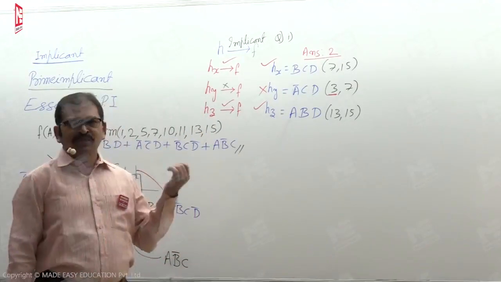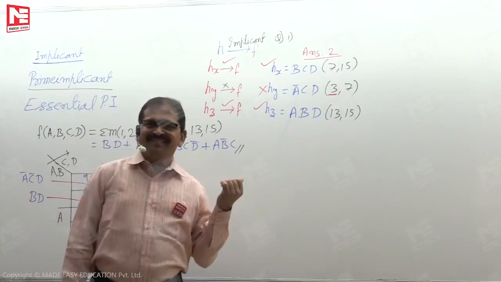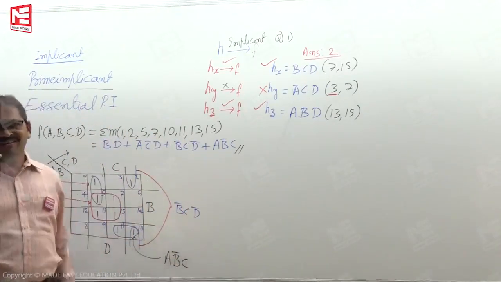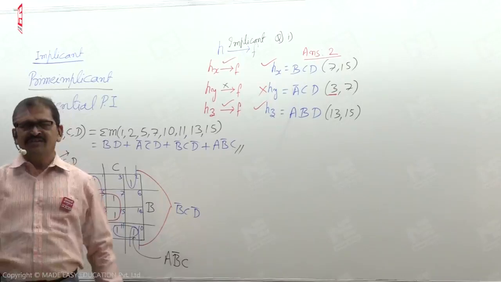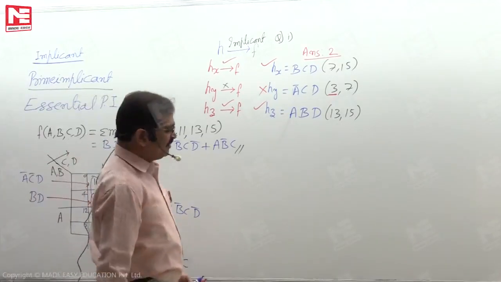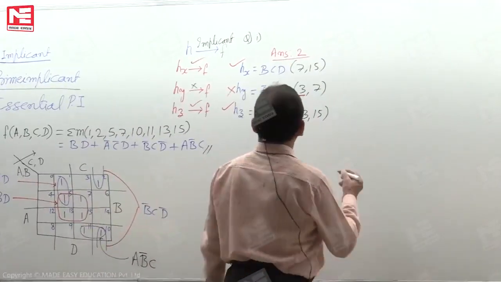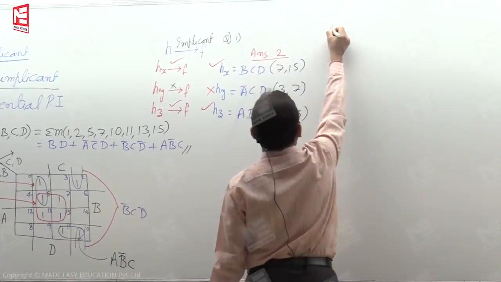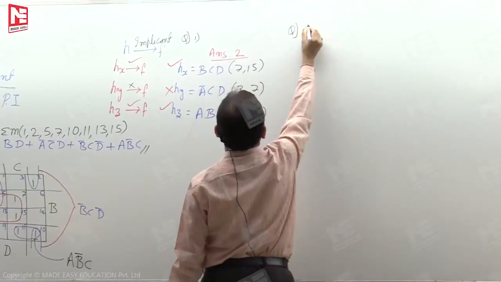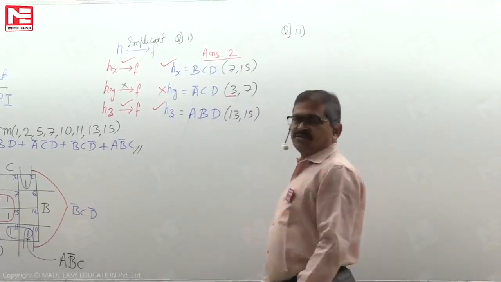Again, let us look at the meaning of this statement on the same function while listing a few products. So let us take again this as a question. Note down.